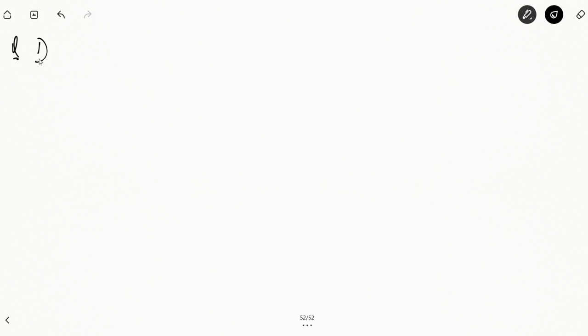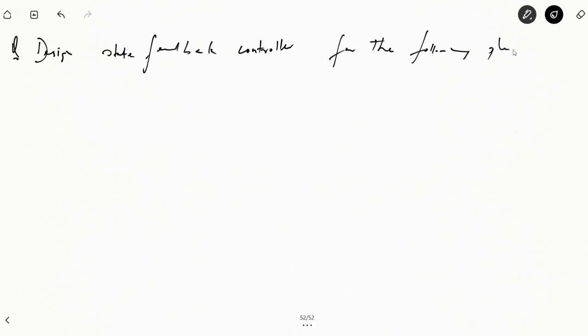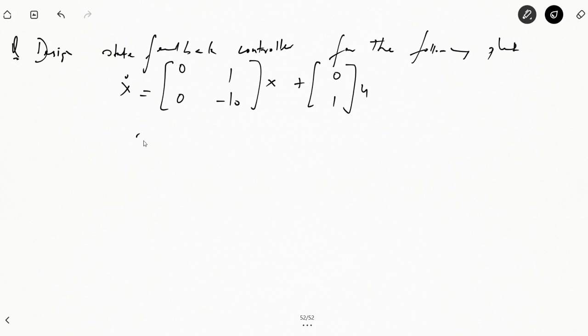Doing another example, design state feedback controller for the following plant. The plant is x dot is equal to 0, 0, 1 minus 10 times x plus 0, 1 times u, y is equal to 1, 0 times x.